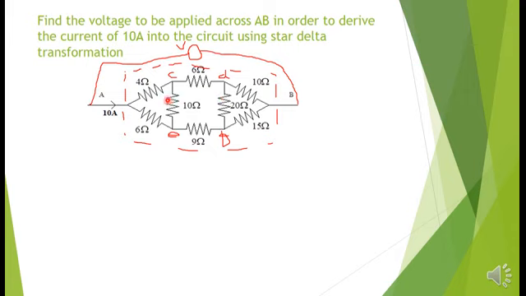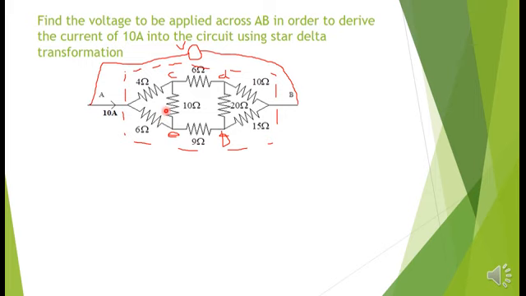So while transforming delta to star, what is the value? RA is equal to RAC RAE divided by sum of the resistances. RC is equal to RCA RCE divided by sum of the resistances.